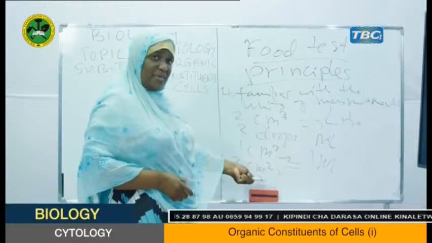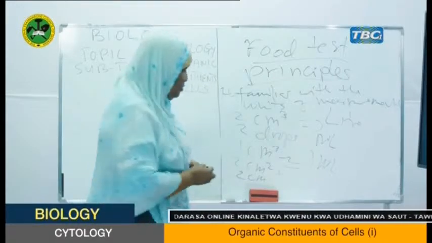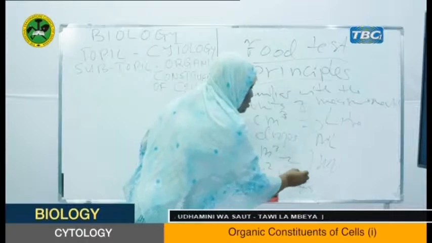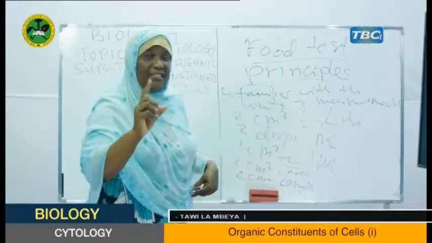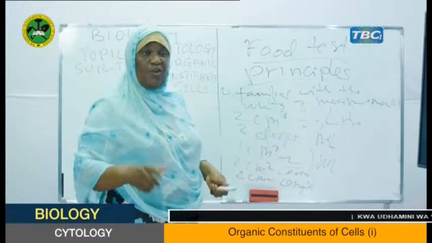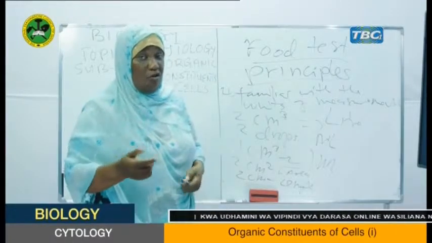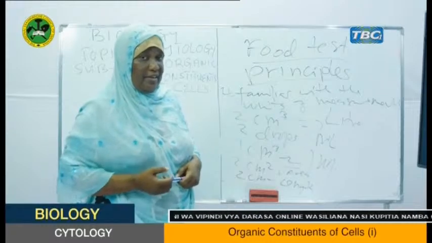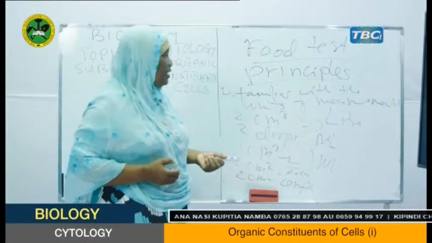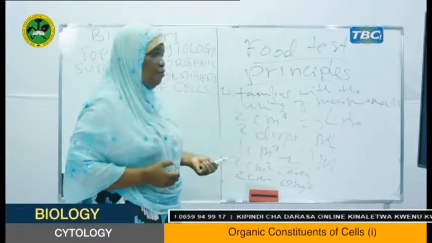When you say 2 centimeter, this centimeter alone is the unit for length. Therefore, you should be very specific to units. You should specify which unit you are going to use for the case of volumes. I think you are clear with point number 4, familiar with the units of measurements.